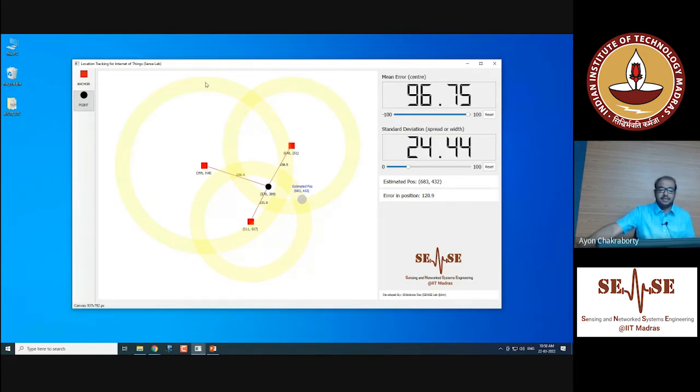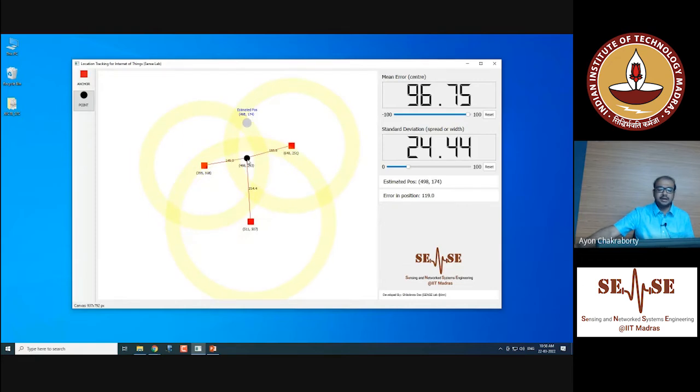Okay. And if you think my solution should lie in the location where these three circles intersect, in this location we have the three circles intersecting, and that would be the possible value of the estimated node location, right? And so my LM fit is doing the job pretty well. And sometimes it completely fails.